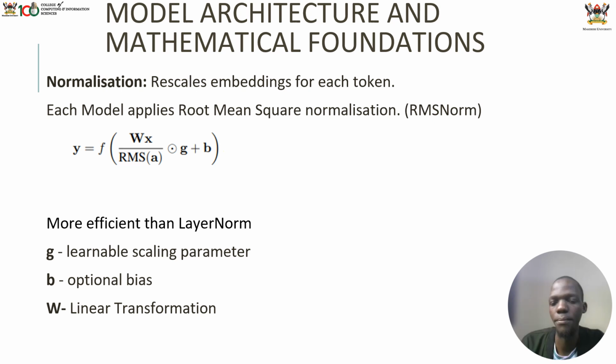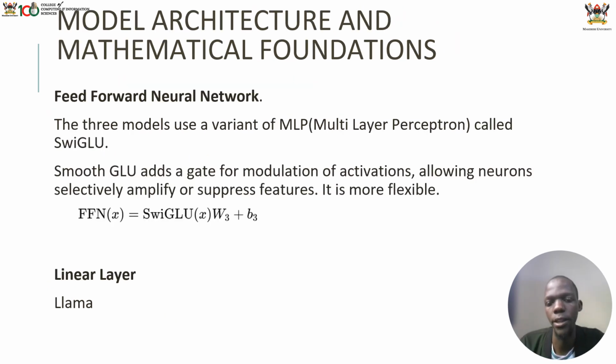Yeah, so here we have the normalization. As we said earlier, some use layer normalization, but in our case, we had Llama, which uses root mean square normalization. After that, we had the feed-forward neural network, and of course, it is all to enhance the understanding of the model of each term in a given sentence.